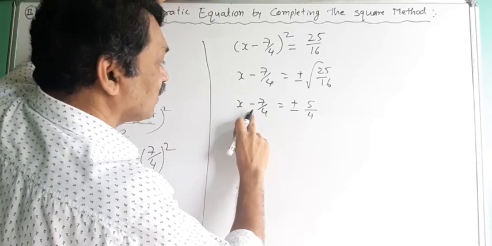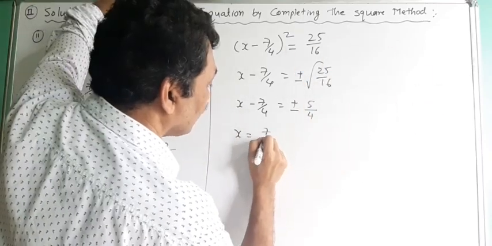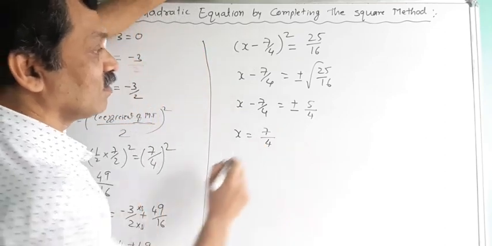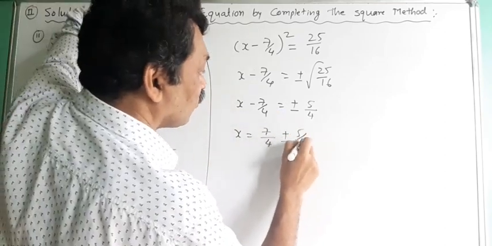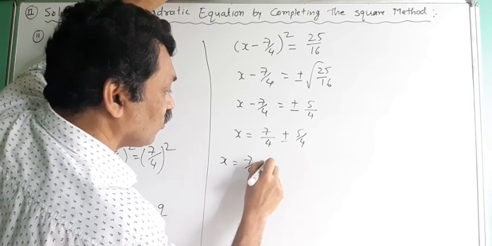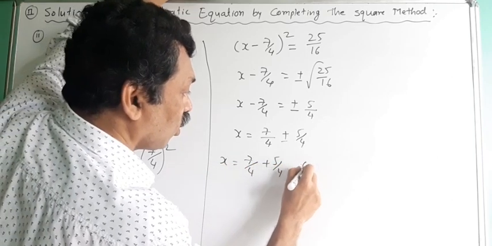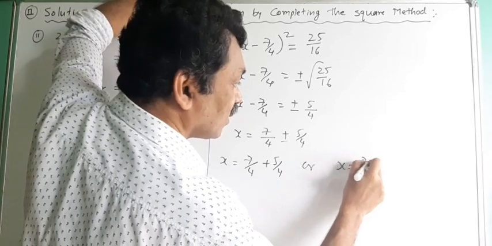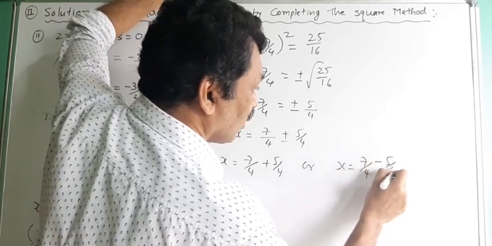Therefore x is equal to 7 upon 4, which I am taking to the other side, plus or minus 5 upon 4. So the two values are x equal to 7 upon 4 plus 5 upon 4, or x equal to 7 upon 4 minus 5 upon 4.